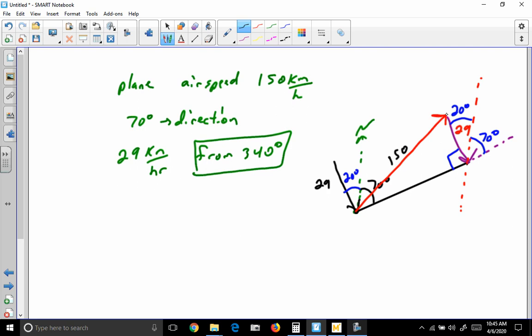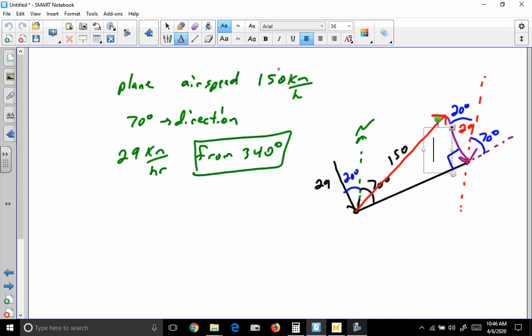This is its airspeed. We have this angle. We have the 29. Let's see if we can move it. Not very easily. 29 is this magnitude. So we have two magnitudes. We have an angle. So that's three pieces of a triangle, so we should be able to solve for the rest.